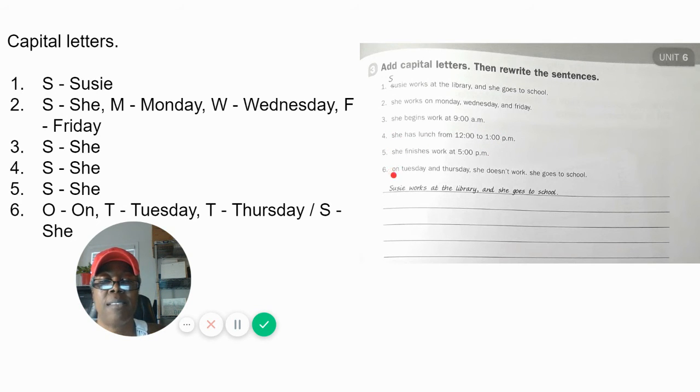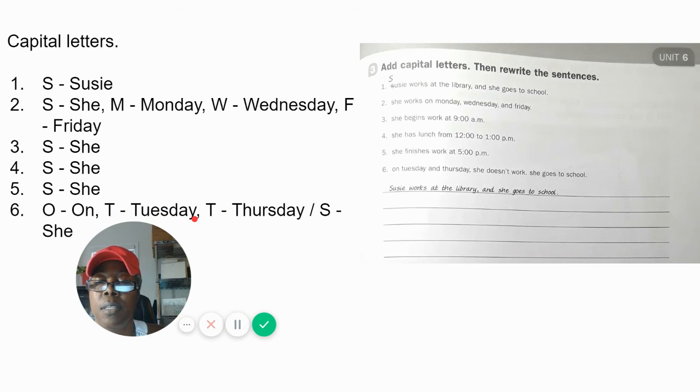And number 6, we have on Tuesday and Thursday, she doesn't work. She goes to school. So we need to put a capital letter on the O, and then on the T for Tuesday, and the T for Thursday.